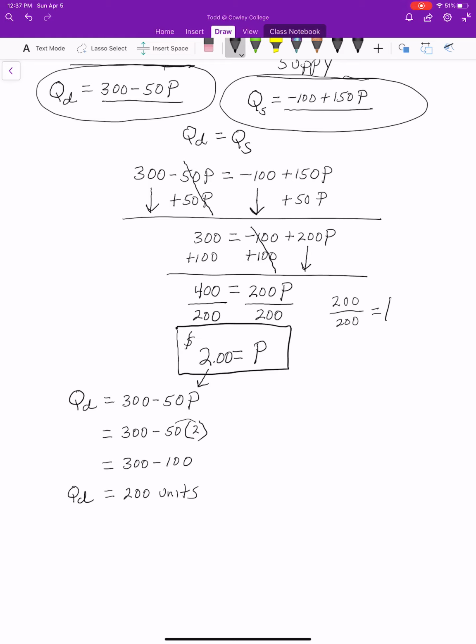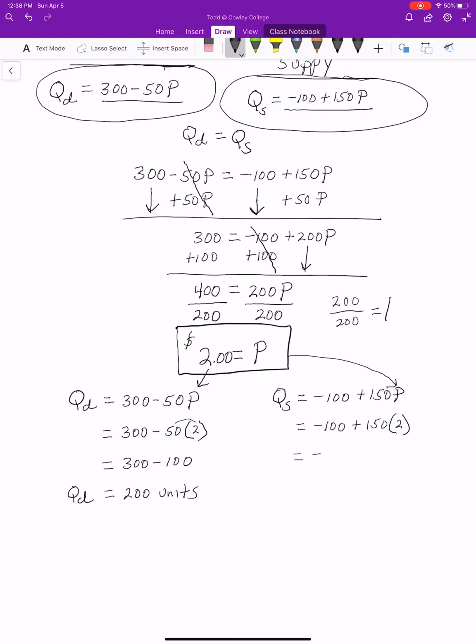Okay, now if we've done everything right, that number is going to be exactly equal to our supply curve, which is the quantity supplied is going to be equal to a negative 100 plus 150p. All right, again, you substitute your p into that. So we have negative 100 plus 150 times the price, which is now going to be $2.